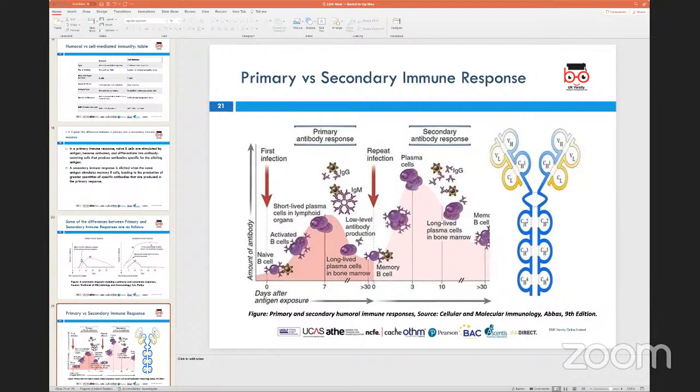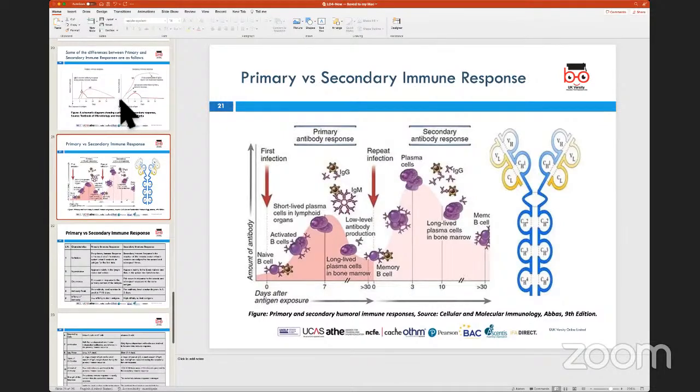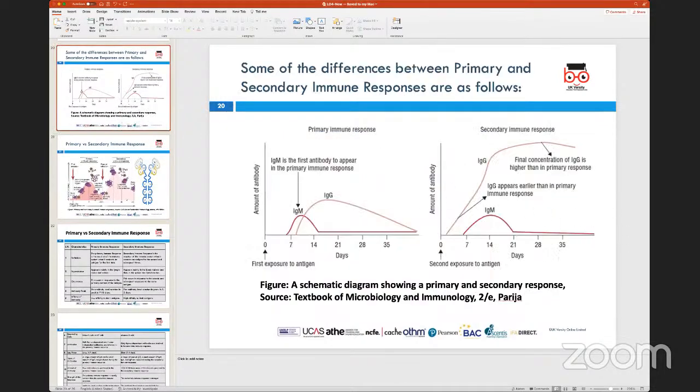Now, there are one or two things which I also want to show and point out. These are two different diagrams. One is a graph which primarily shows how the body's immune system responds to a virus or some sort of pathogen attack.